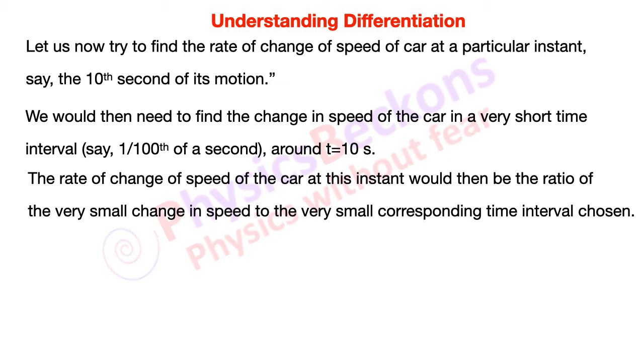Remember, if we take the time interval 10 second to 14 seconds, we will get an average rate, whereas we are not interested in average rate of change, we are interested in rate of change at 10 seconds. So we have to be very close to 10 seconds to get that instantaneous rate of change of speed at t equal to 10 seconds.